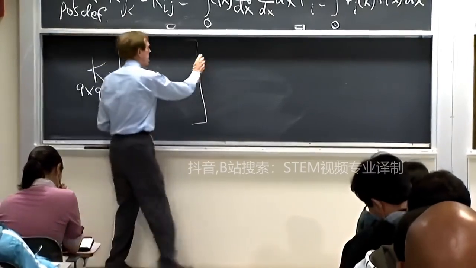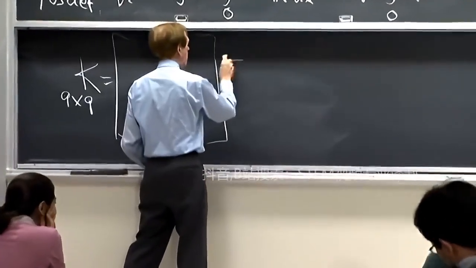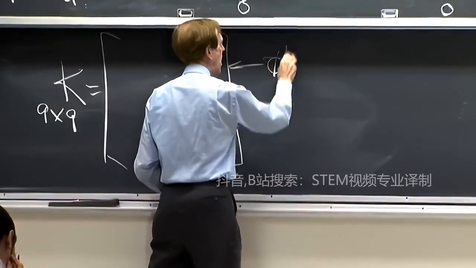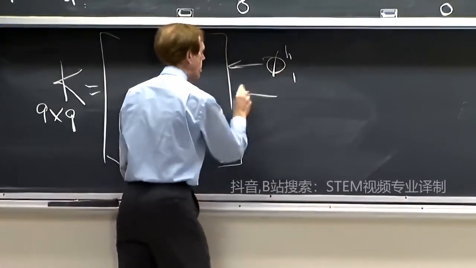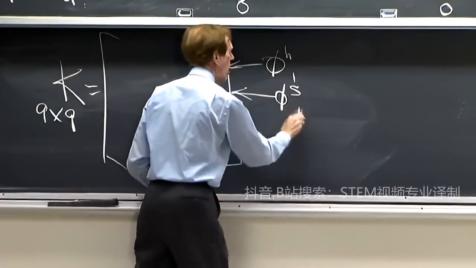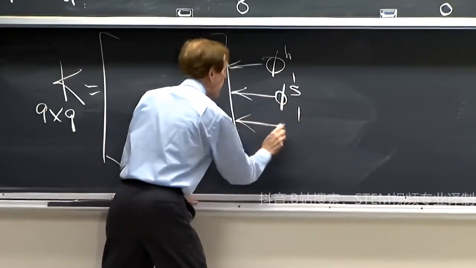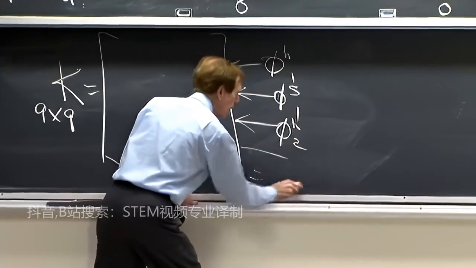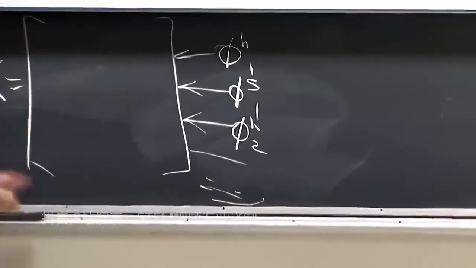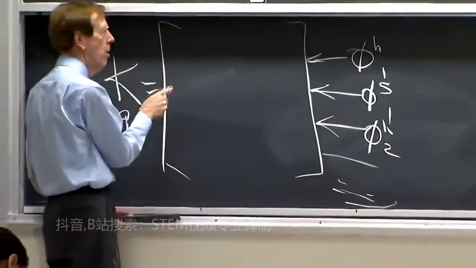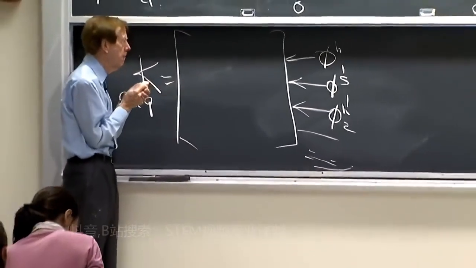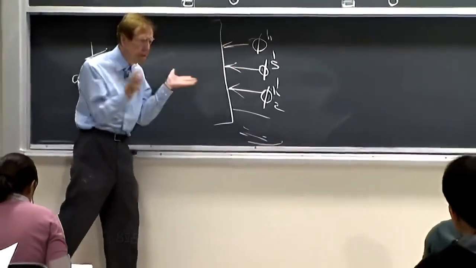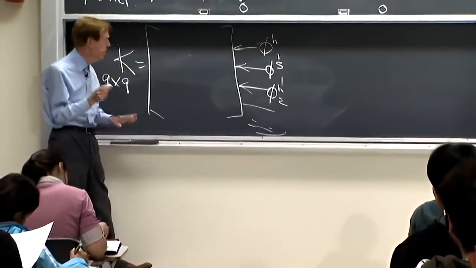And here we'll have a typical row. This will be our phi height 1 row, and this will be our phi slope 1 row, and this will be our phi height 2 row, and so on. Of course, I didn't leave room for all. What will a typical row of the stiffness matrix have in it? I'm just asking about the overlaps.